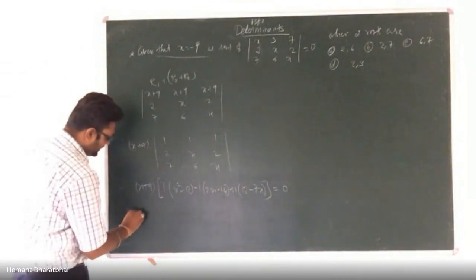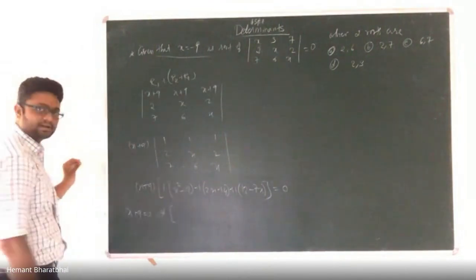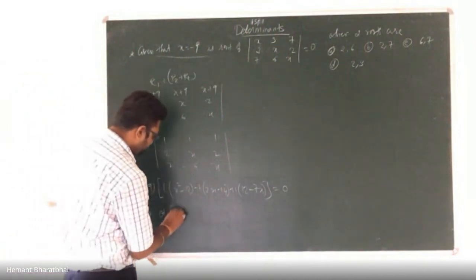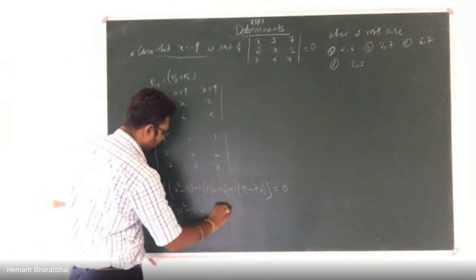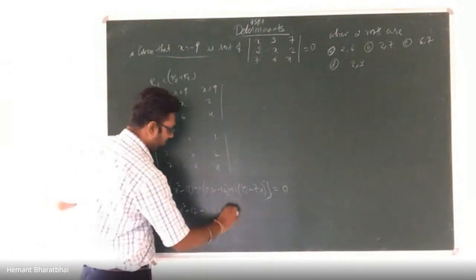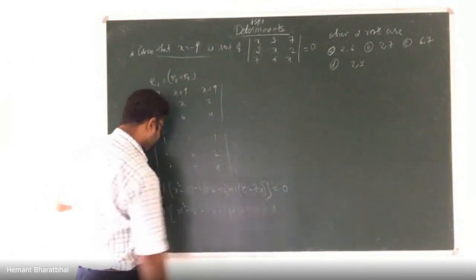I can write x plus 9 equals 0, or this term: x square minus 12 minus 2x plus 14 plus 12 minus 7x equals 0.